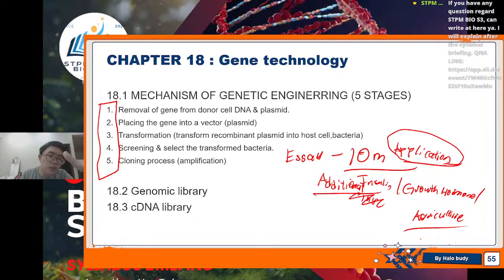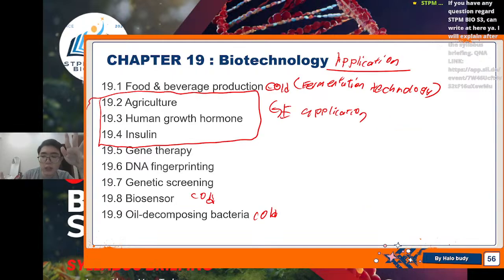In genetic engineering the process is these 5 steps, but for different types of product or medicine, there are some additional steps you have to add on for that specific product. So you have to know this.